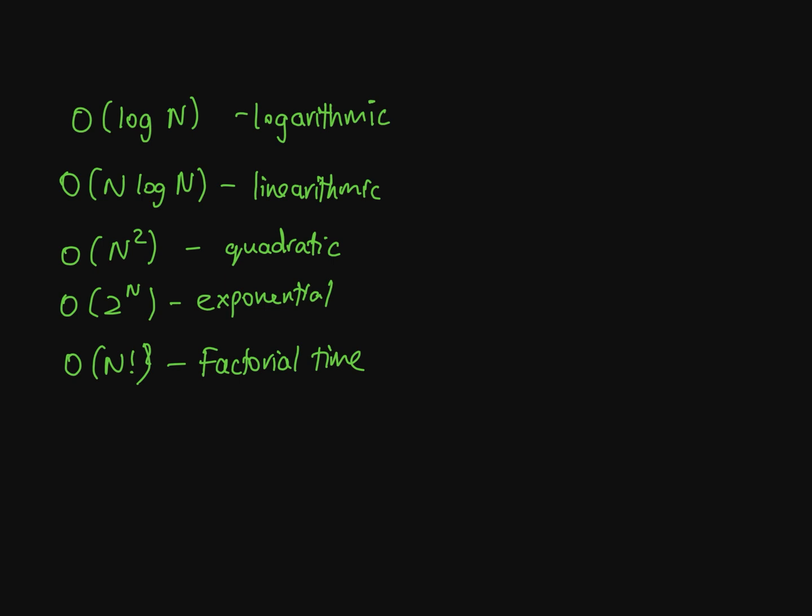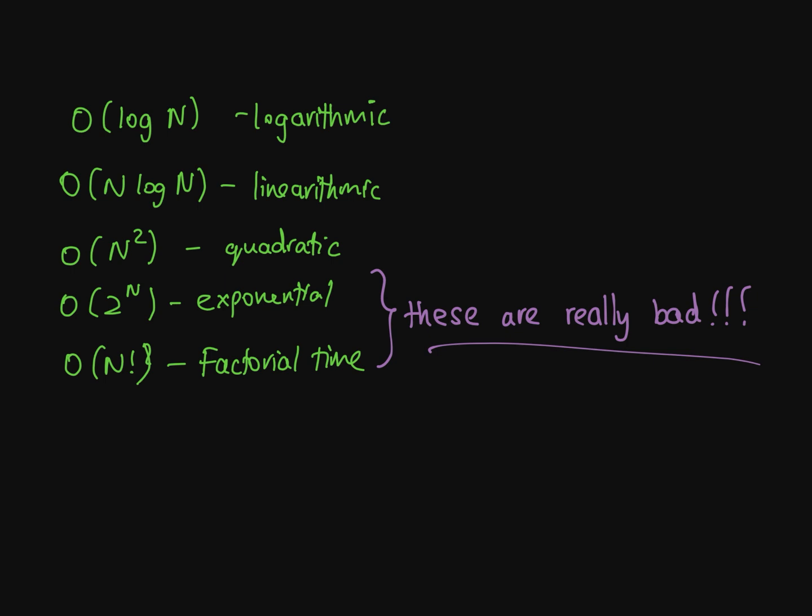The examples for these algorithms are usually a bit more complicated, but generally we aim to write algorithms which are not in exponential or factorial time, as they are very, very slow, even when N gets a little bit big.